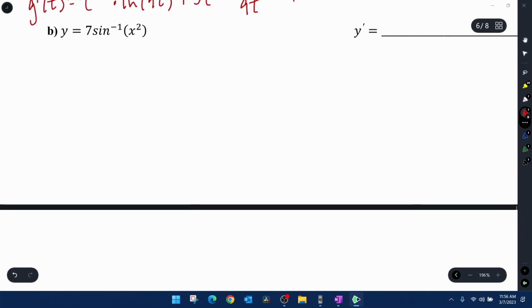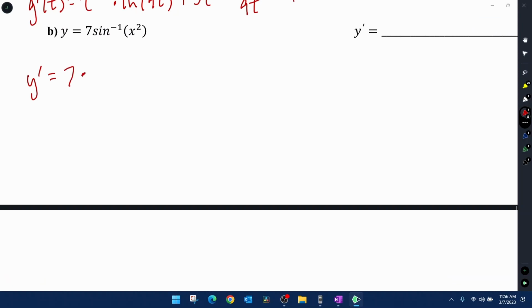Okay, next problem. We need to find y prime. And that is going to be 7 times... I'm going to need you to pull up your formulas for the derivative of inverse sine.